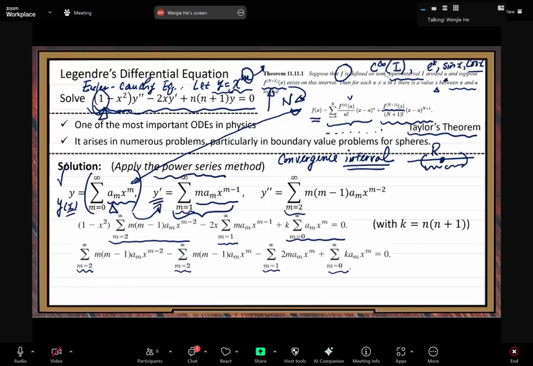For example, for these two summations starting from 2, you leave them there. The one starting from 0 has 2 more terms, so you treat the summation starting from 2 as the base summation.